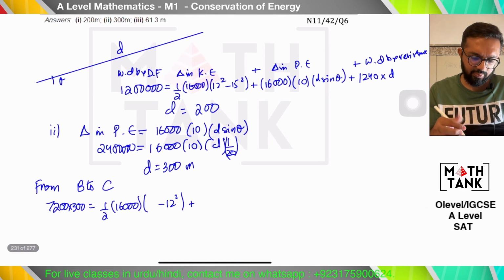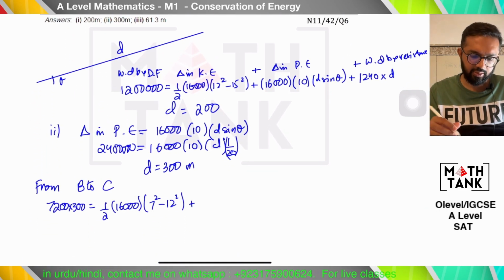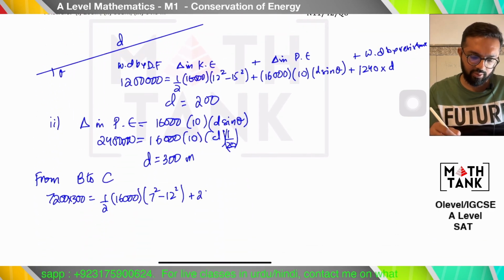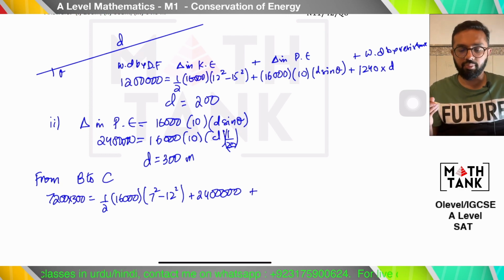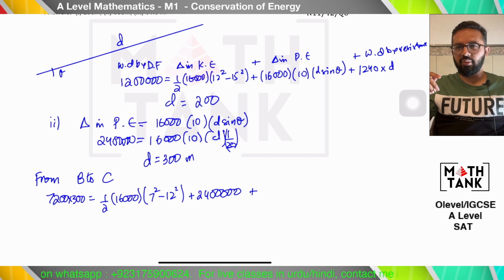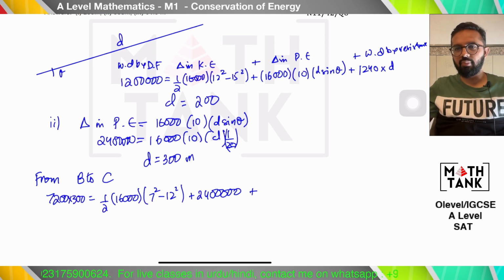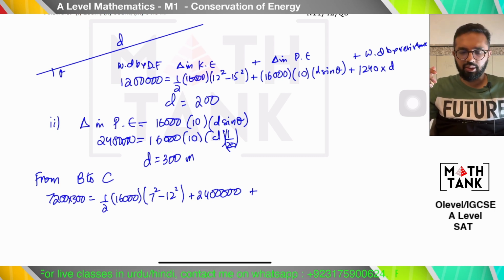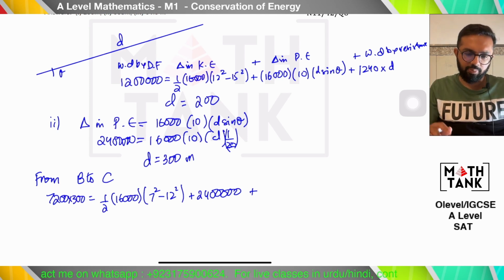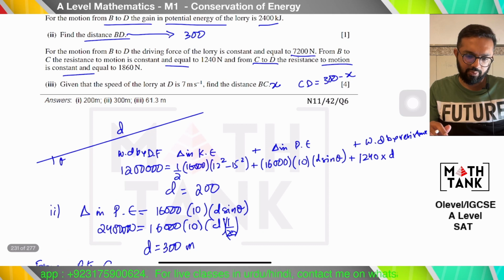So 7 squared minus 12 squared. The gain in potential energy is 2400,000, because I'm going to find it difficult to break up 2400,000. I probably have to do a sort of ratio with x and 300 minus x and try to break it up, but that's going to make things very complicated. So I can just do work done by resistance in two halves.